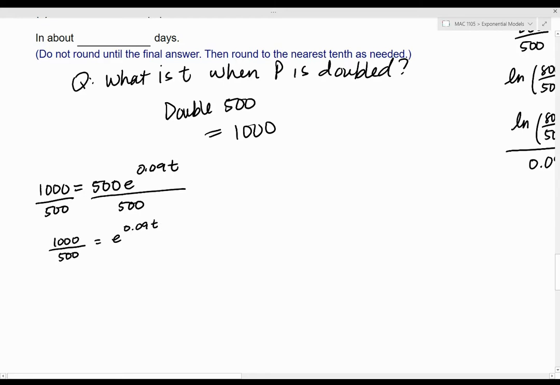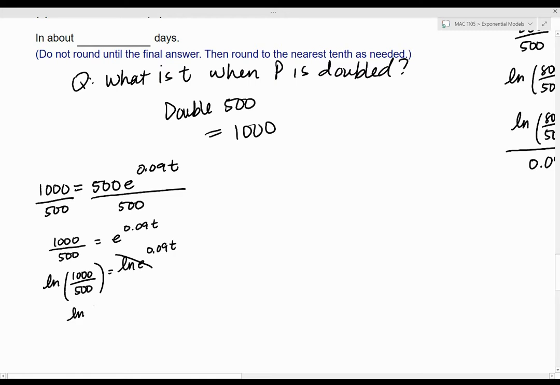Once again, this is an exponential function, so the only way that variable can come down is if I can get the bases to be the same on both sides. I can't, but I can take the natural log of both sides. When I take the natural log of e, they cancel. That simplifies to 1.